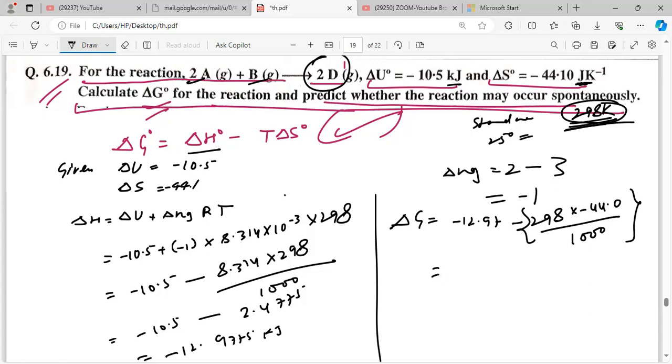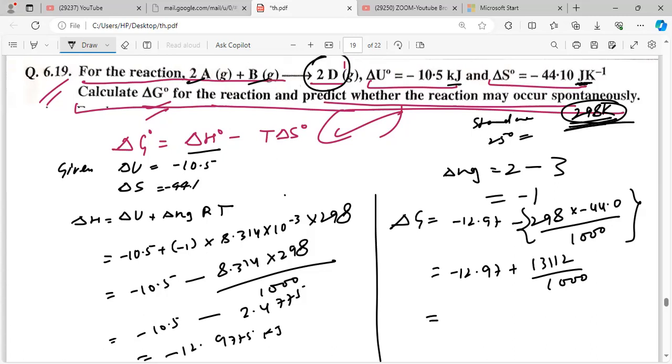So here it will be minus into minus, that will be plus. 298 multiplied by 44 is coming 13112, divided by 1000.